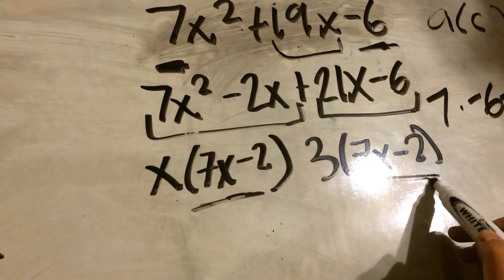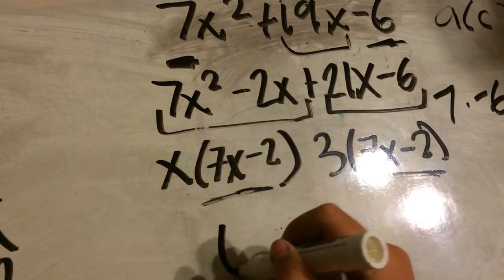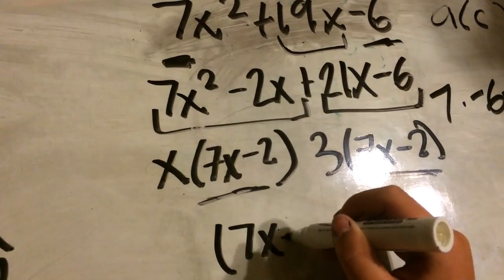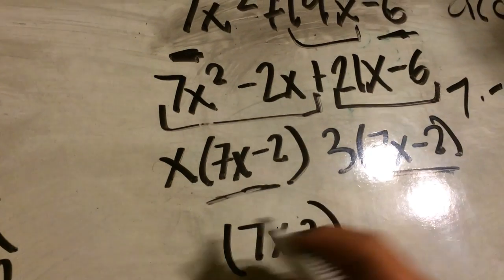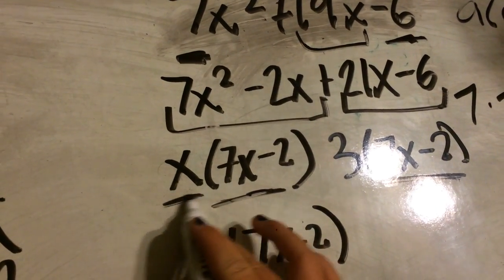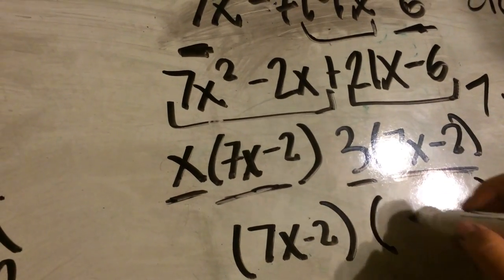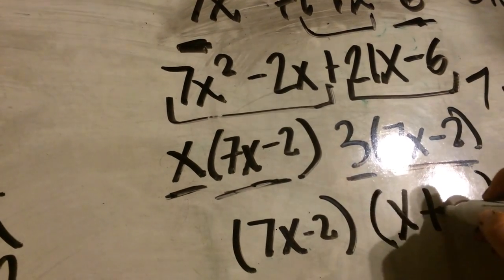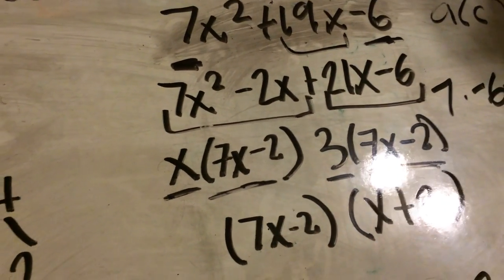So I can leave that as my first binomial, 7x minus 2, because they both have it in common. Everything I have left over, the x and the 3, I put into my other binomial as x plus 3. And that's it.